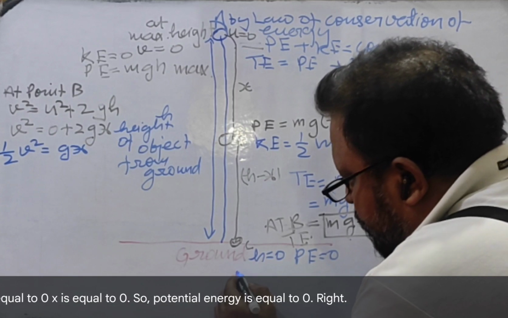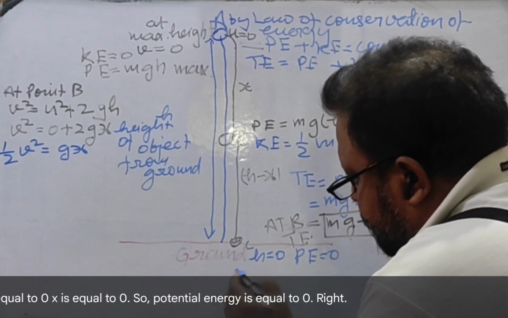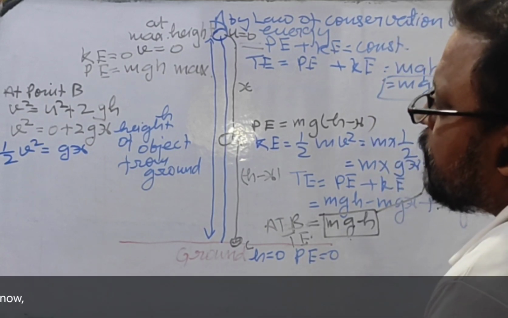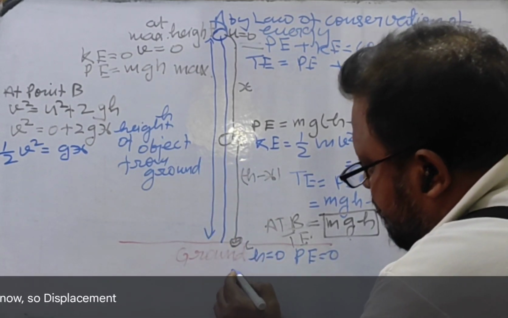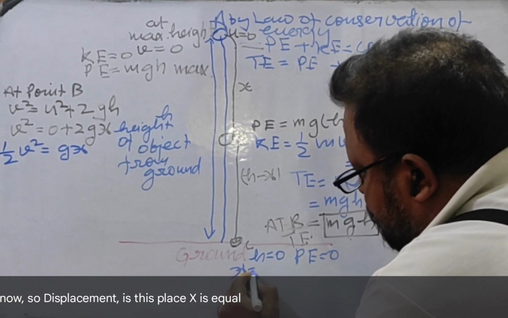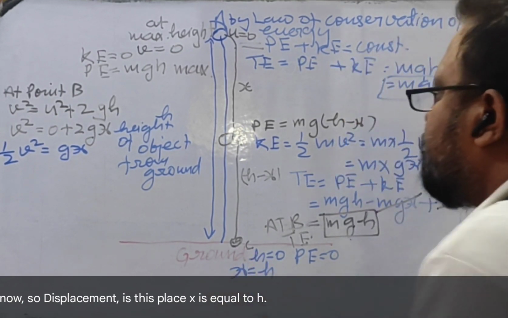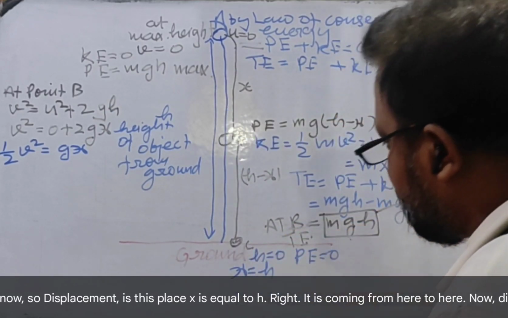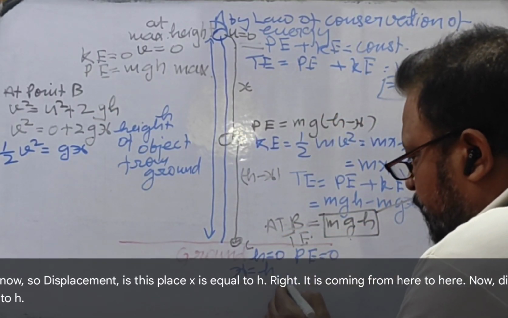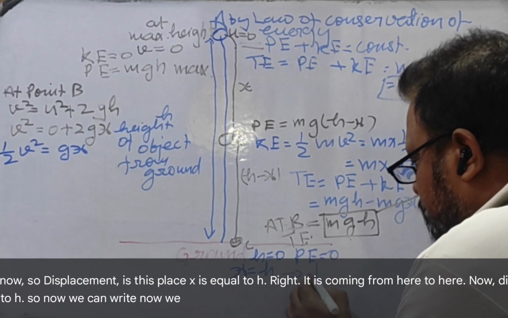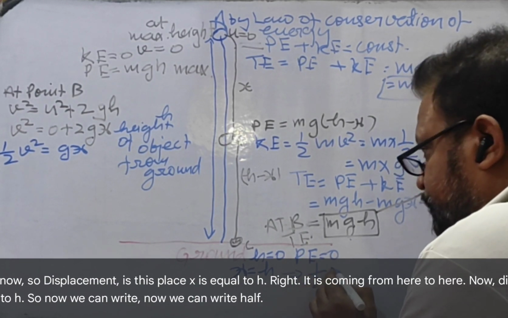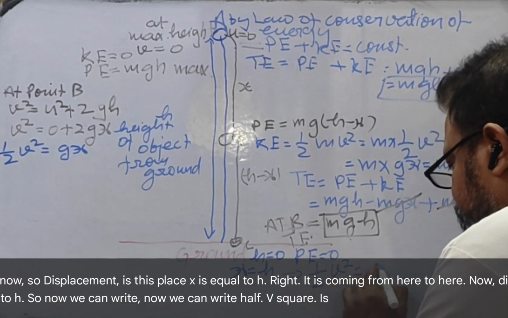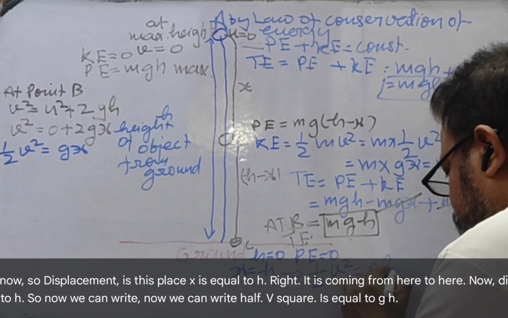And so displacement x is equal to h, because it is coming from here to here. So now we can write half v square is equal to gh, right?